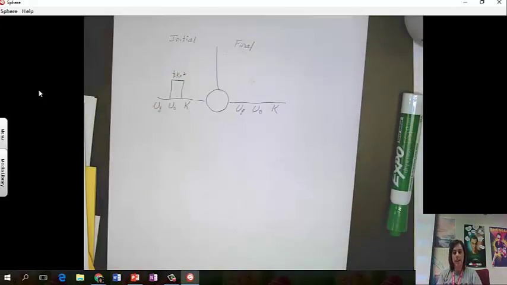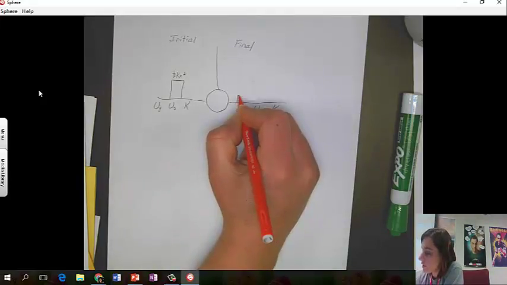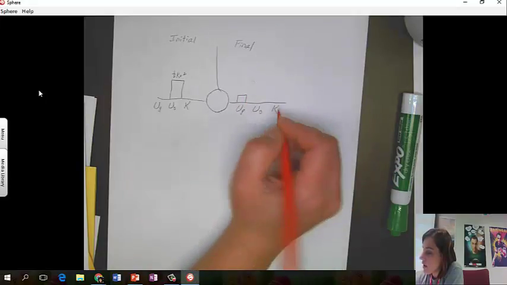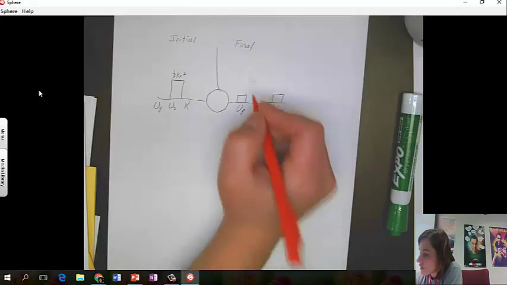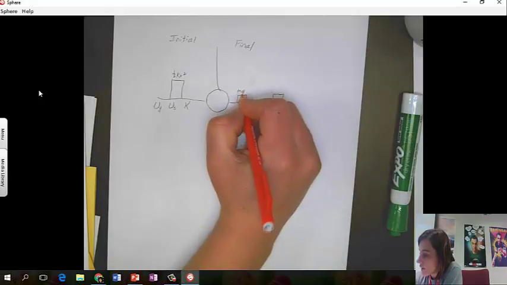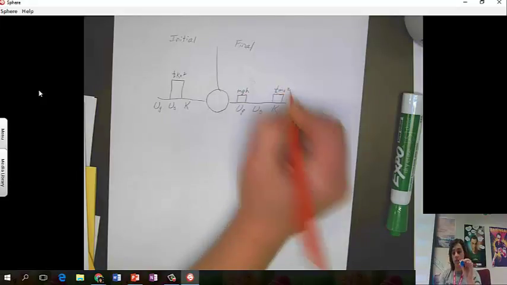And then he pops, okay? And let's say I want to look at him halfway through his ride to the top, okay? At that point, he's got some gravitational potential energy and some kinetic energy, mgh, and 1/2 mv squared.